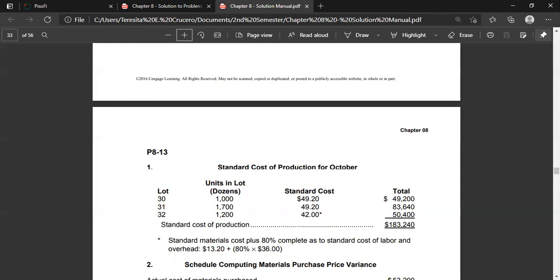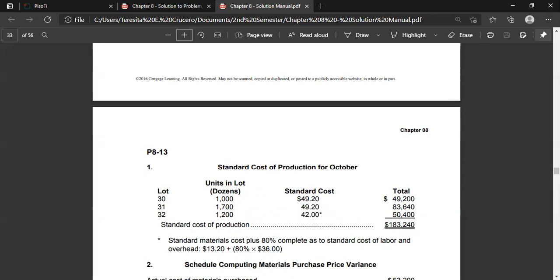So the standard cost per dozen is 49.20. That is the basis of measuring the standard cost per dozen.